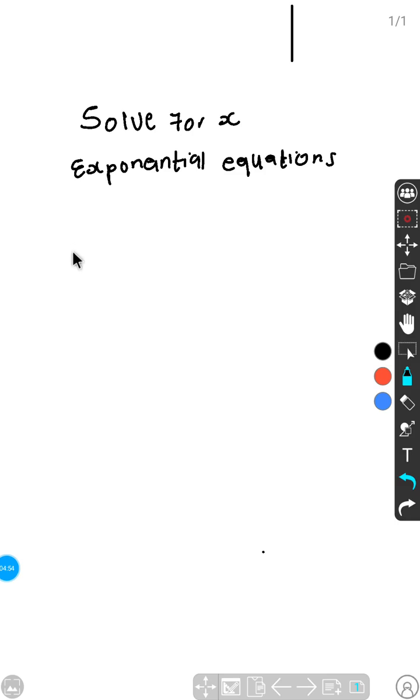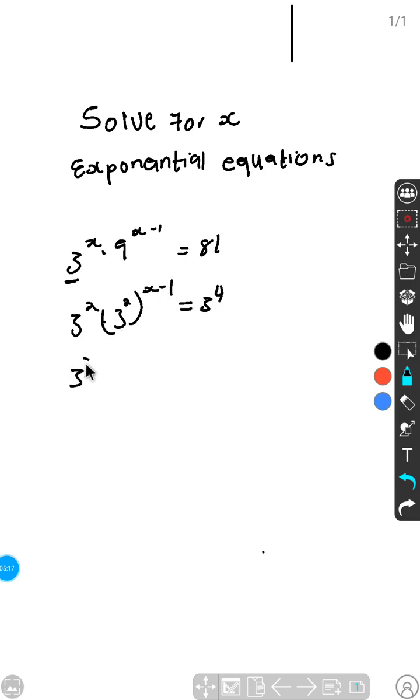In this example, we have 3 to the power x times 9 to the power x minus 1 is equal to 81. Okay, so we have base 3. Let's change this one to be 3 to the power 2, this one 3 to the power 4. So we're going to have 3 to the power x times 3 to the power 2 times x minus 1 is equal to 3 to the power 4, okay? 2 times x is going to give us 2x, 2 times minus 1 is going to give us minus 2.